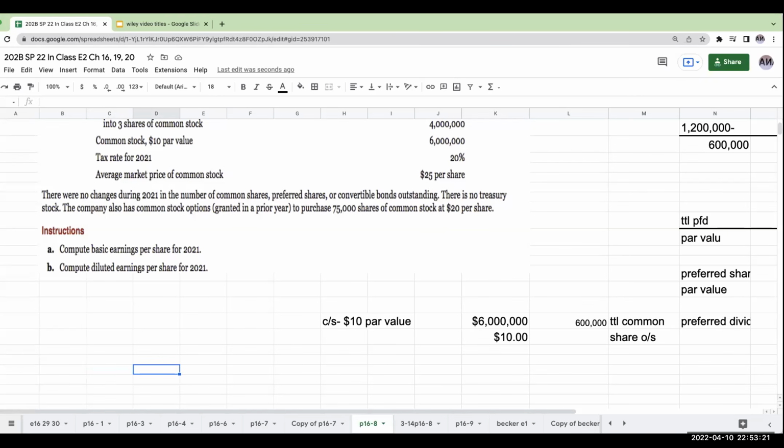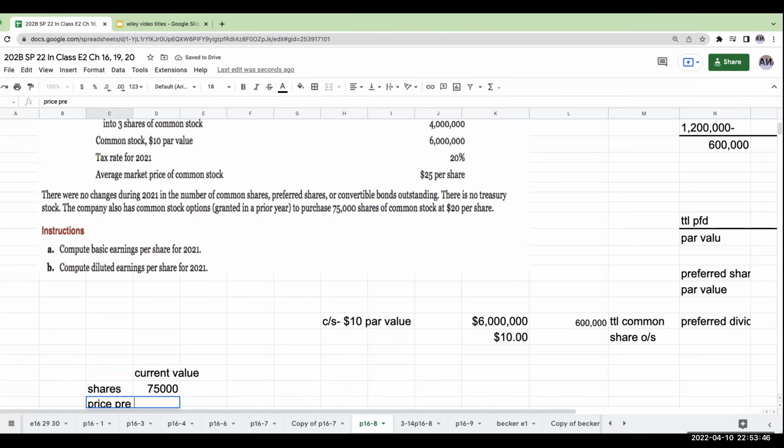So basically, let's say we had 75,000 shares, what would those total proceeds be? Let's call this the current value. My shares over here are 75,000.